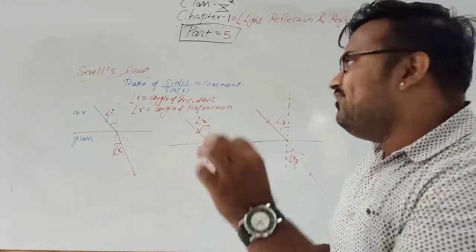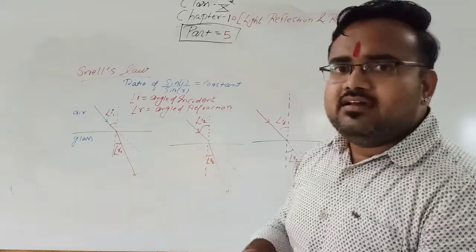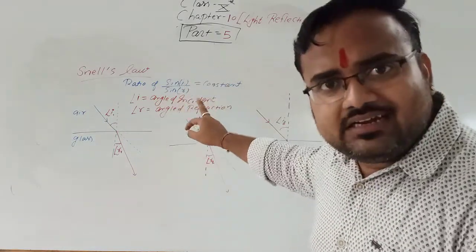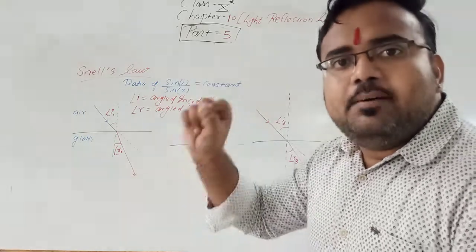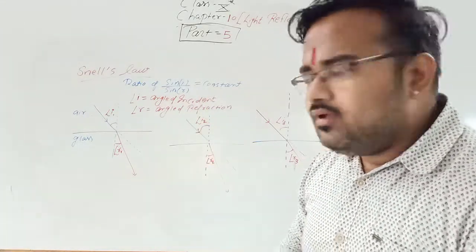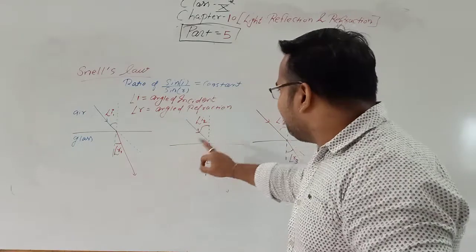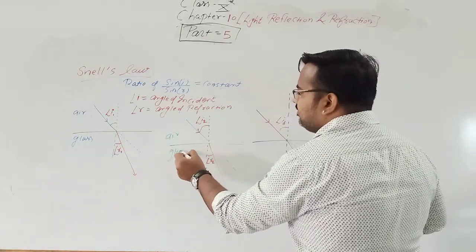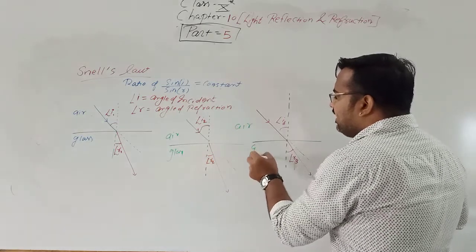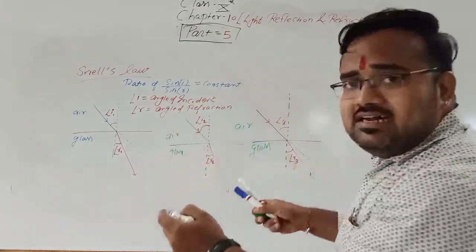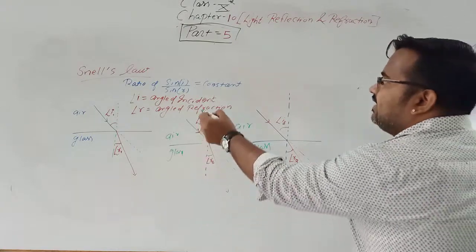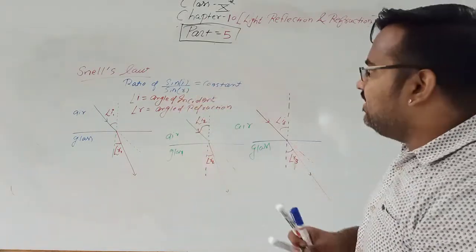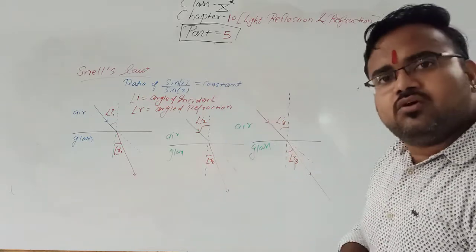If you have to write the definition of Snell's law, you can write: the ratio of sin I upon sin R is constant until the medium remains the same. The medium here is air and glass, so until the medium remains the same, the ratio of sin I upon sin R would be constant.